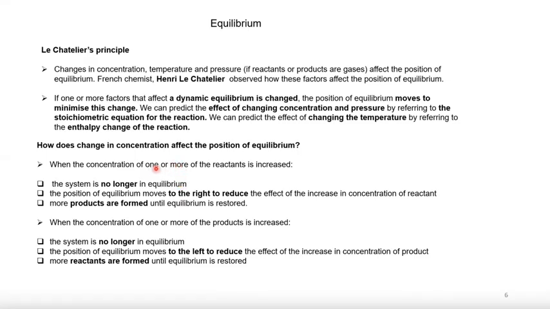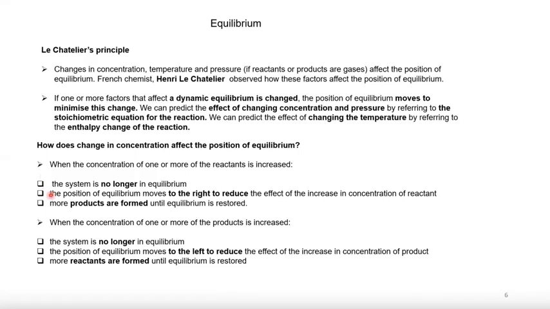If we change the concentration of one of the reactants or both reactants, the system will no longer be in equilibrium. The position of equilibrium then moves to the right to reduce the effect of the increase in concentration of the reactant. So equilibrium moves to the right, the forward reaction, and this effect decreases the concentration of reactant. More products are formed until equilibrium is restored.